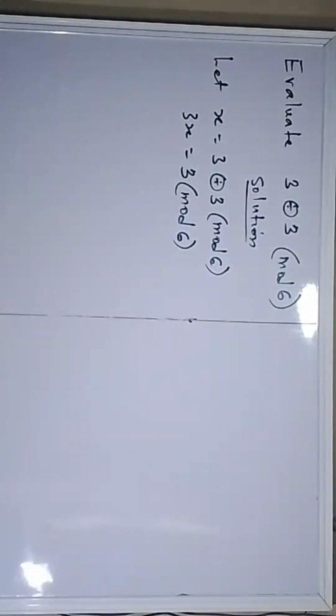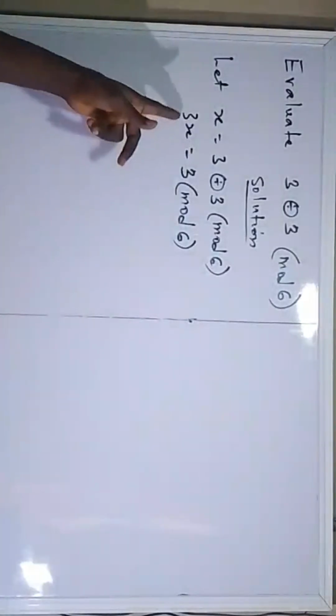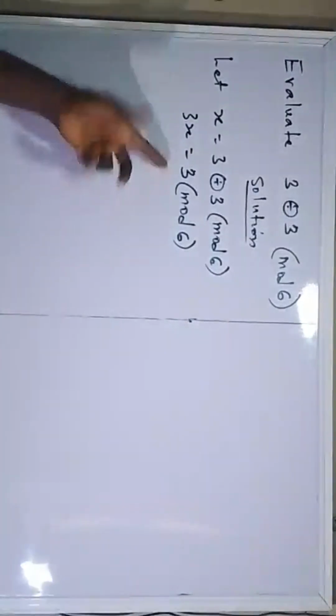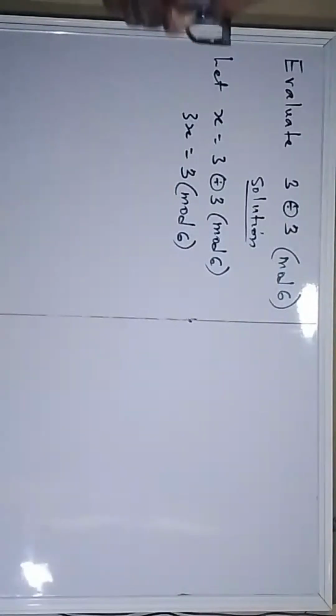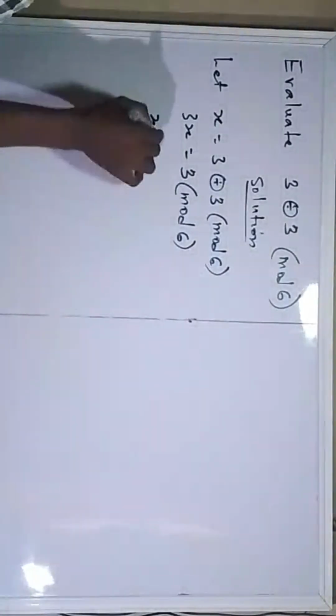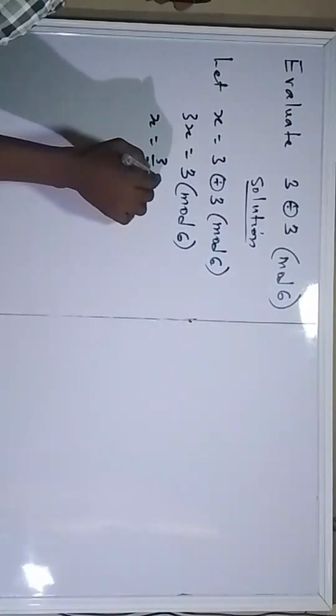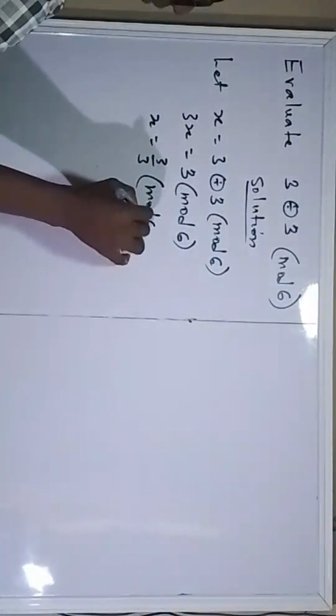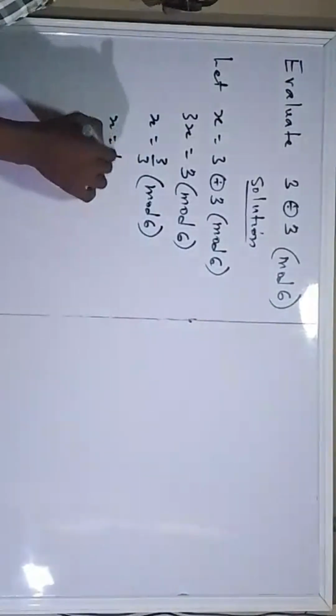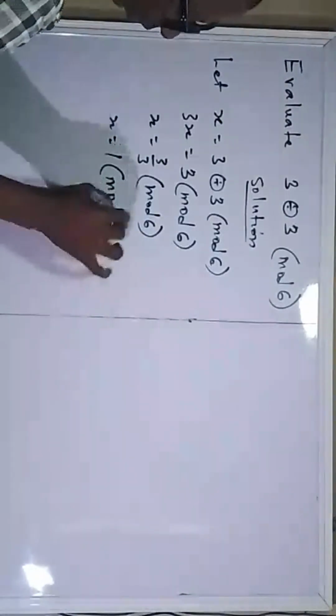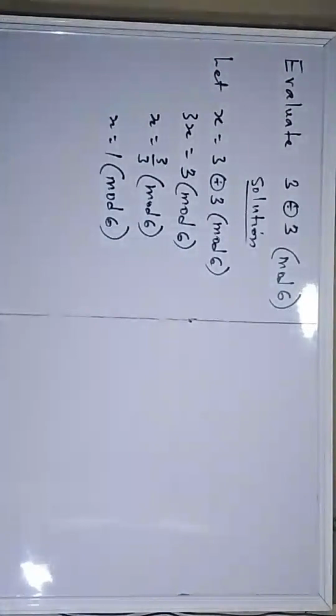To get the value of x here, we have 3x equals 3. So you divide both sides by 3, so we have x equals 3 over 3, and that gives you 1. So we have x equals 1 mod 6. So that's the first part.